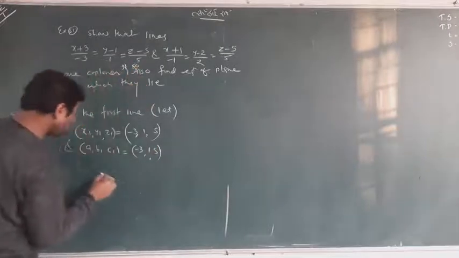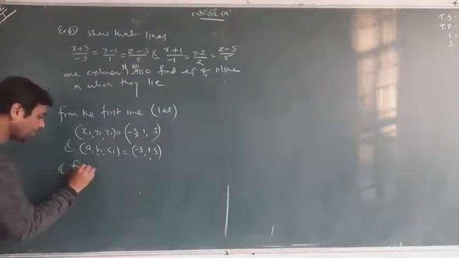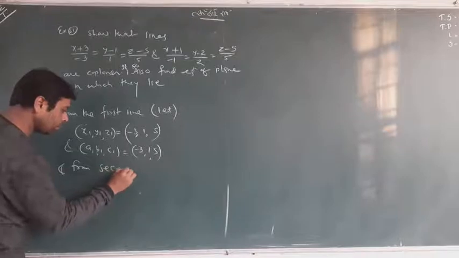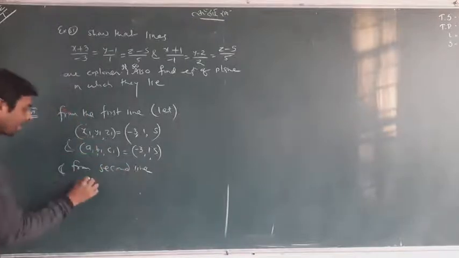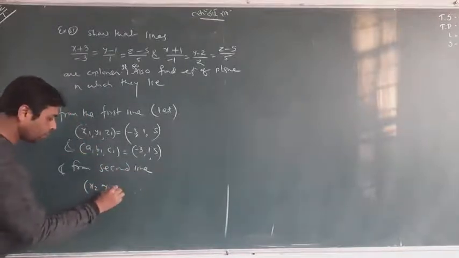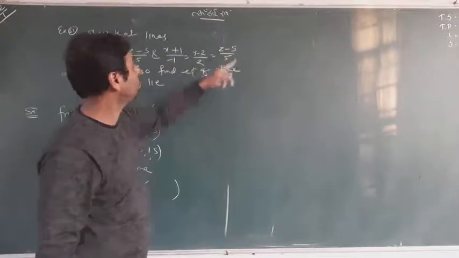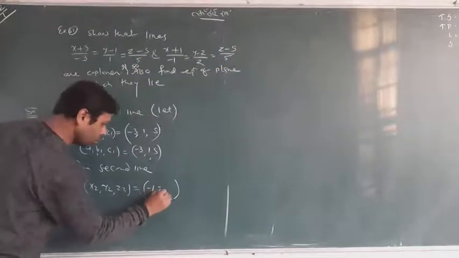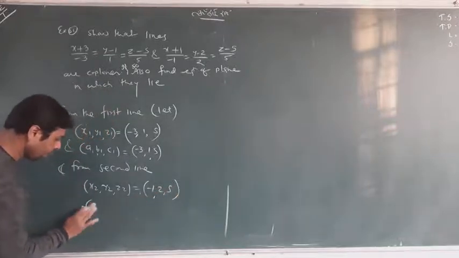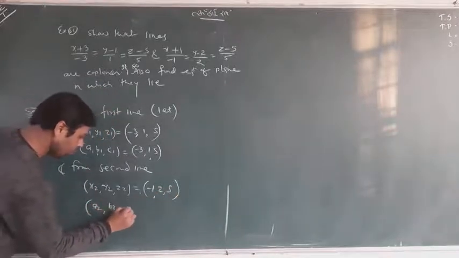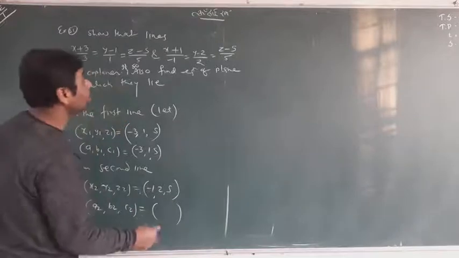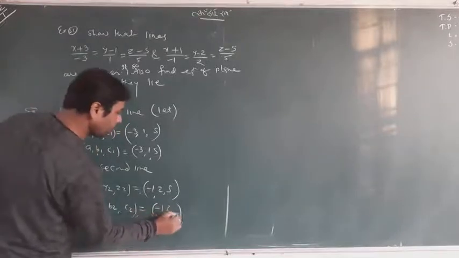From the second line you have x2, y2, z2 as minus 1, 2, 5, and a2, b2, c2 as minus 1, 2 and 5.